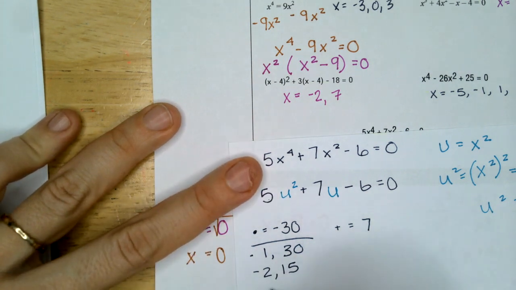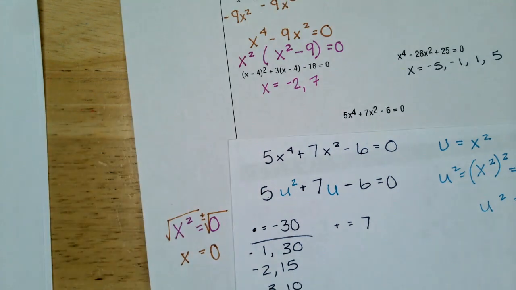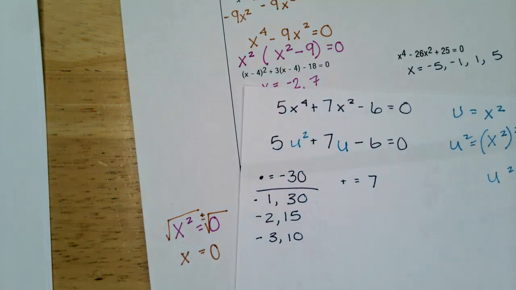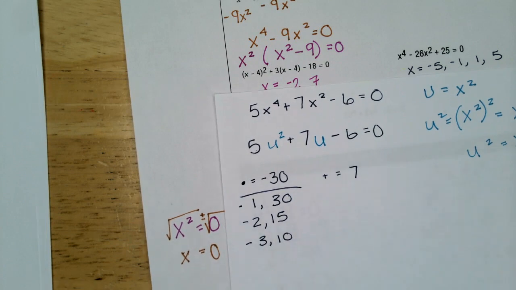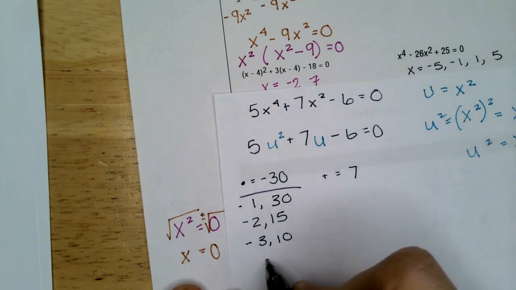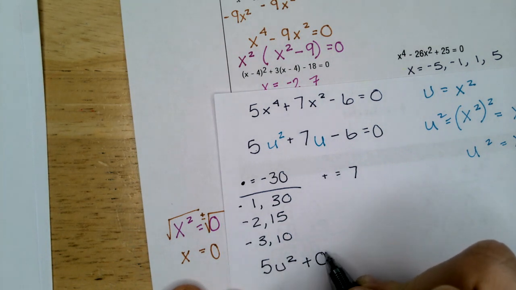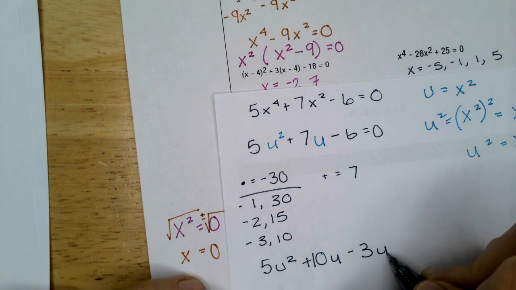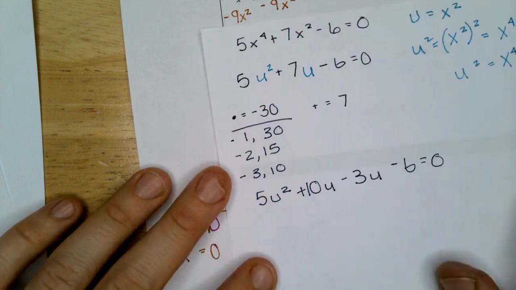We have negative 3 and 10. Yeah, so it's negative 3 and 10. 10 minus 3 is 7. So what I'm going to have is 5u squared plus 10u minus 3u minus 6 equals 0.